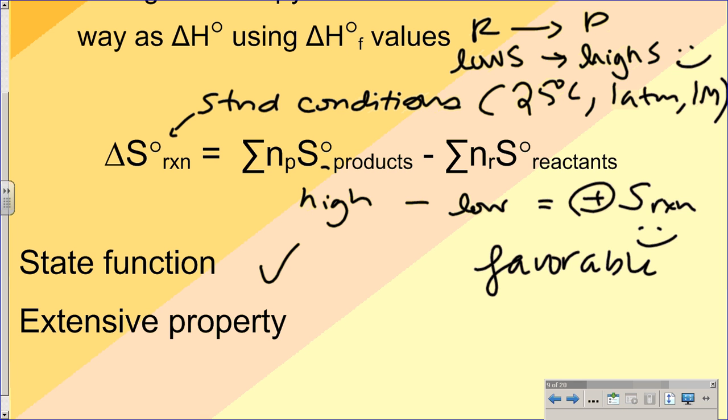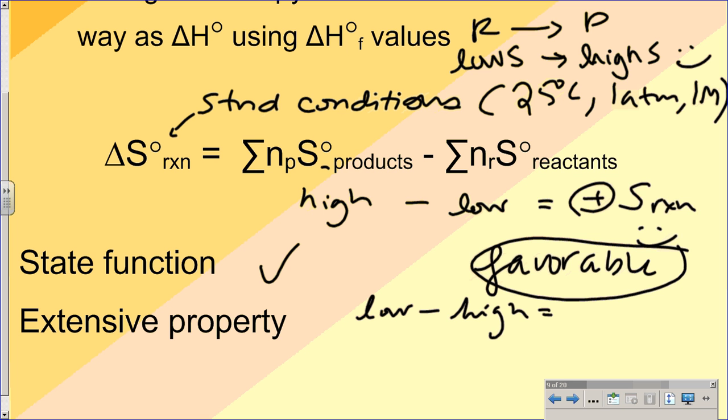Favorable is a word that we're going to be writing down a lot. If I give you another example where we start with high entropy in the reactants and end with low entropy in the products, it would be opposite. So you'd have low entropy minus high entropy, yielding a negative delta S of reaction, and that's less favorable.